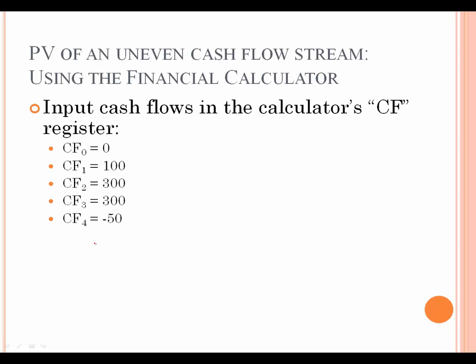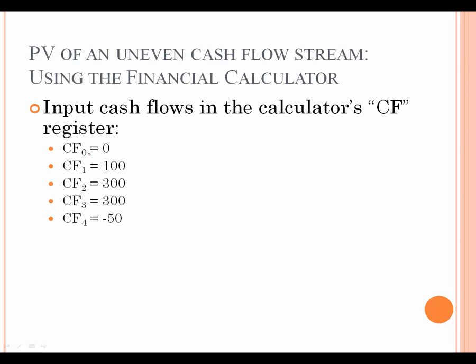In case you're wondering how to use this function, check out the video tutorial in D2L about how to use your financial calculators. There is a part in that video where I talk about using the CF, cash flow registry, and NPV function to calculate the total present value of uneven cash flows.